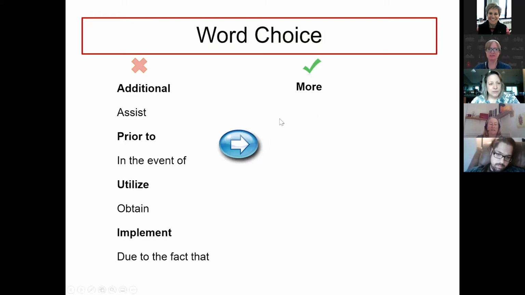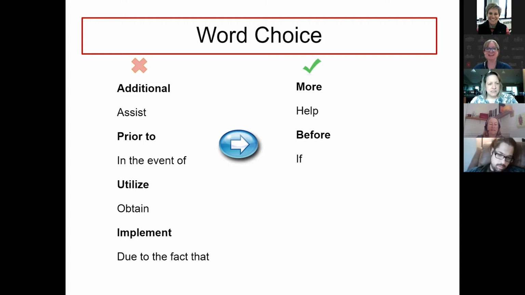And implement's a little trickier. And the phrases might be too. Because, for due to the fact that. Implement could just be do. In the event of could be in case.